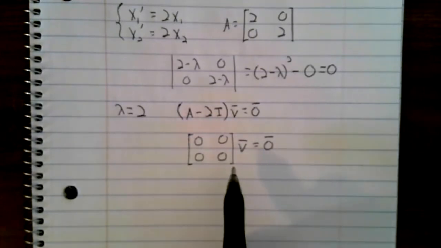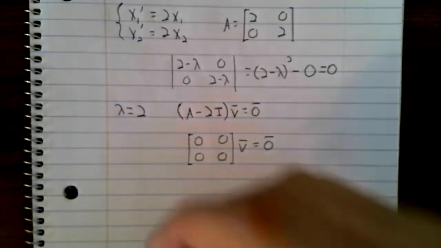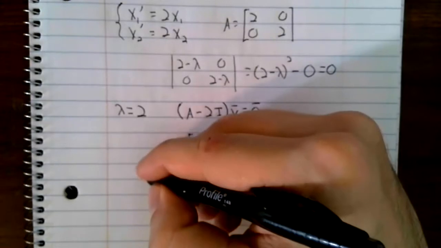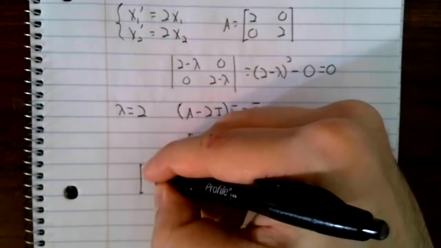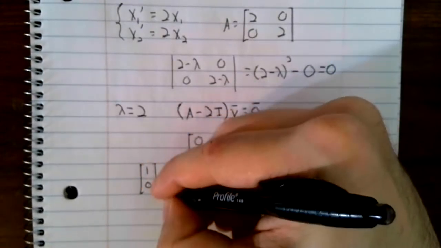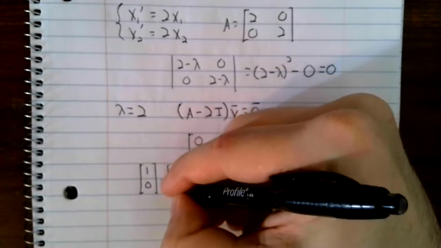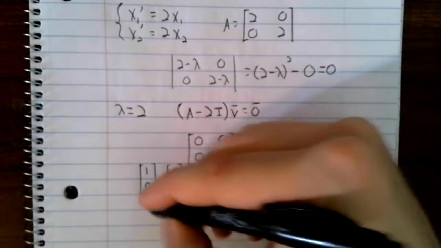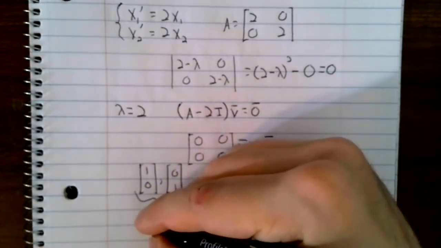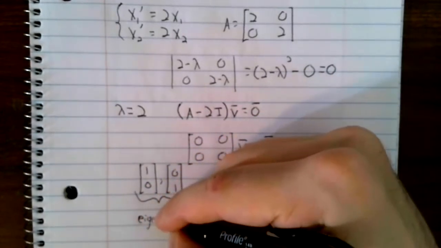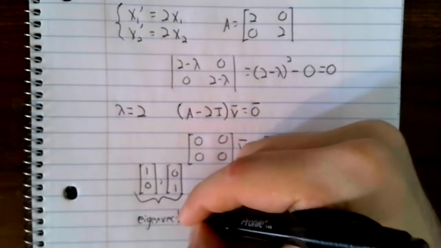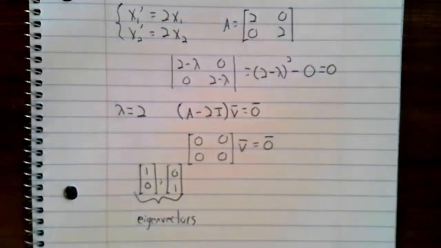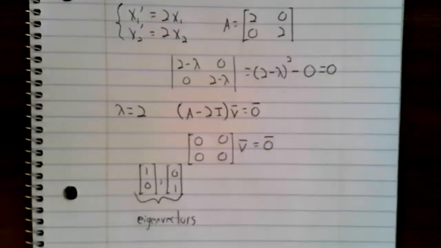Pick two linearly independent eigenvectors. Say this. And this. Form solutions from them.